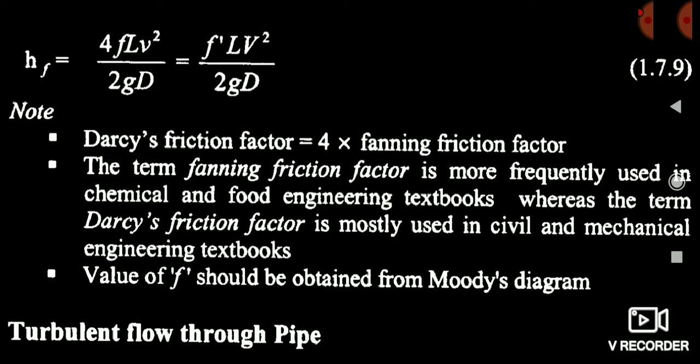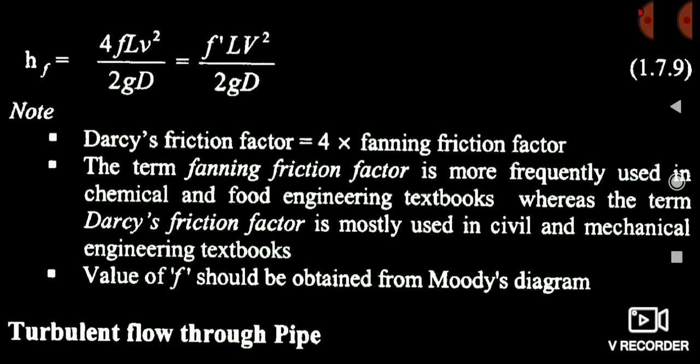f' and f are two different terms with very little difference between them. You clearly have to understand that difference, because many times we make mistakes if we are not able to understand it. The Darcy friction factor is f', which means the Darcy friction factor is equal to 4 times the Fanning factor, and the Fanning factor is f.